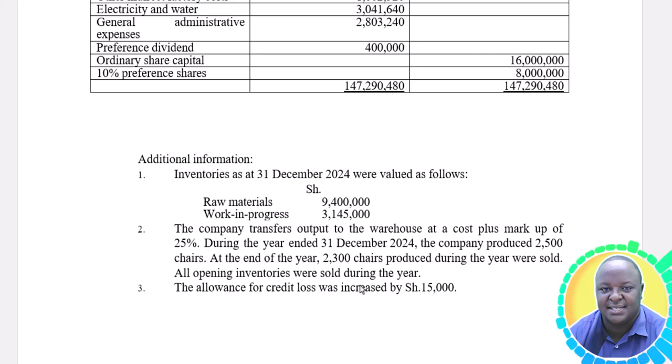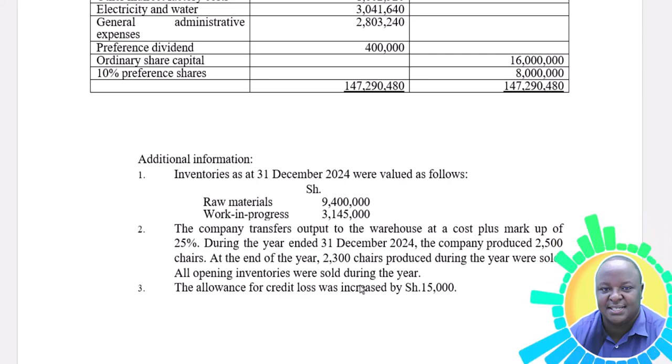The additional information clearly states that inventory as at 31st December 2024 were valued as follows. Raw materials 9.4 million, work in progress 3,145,000.